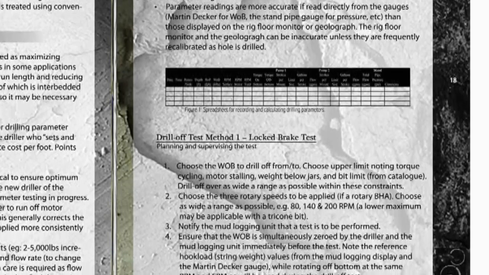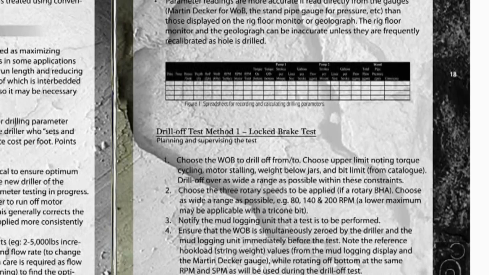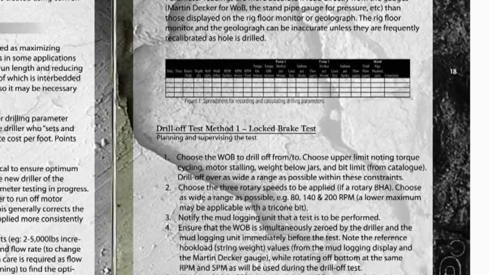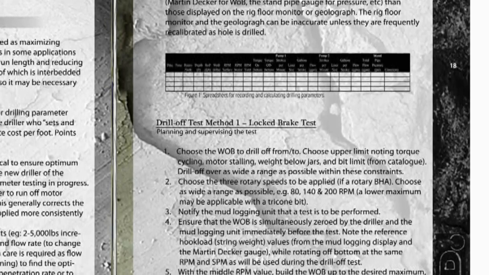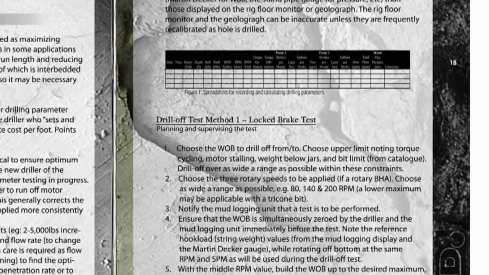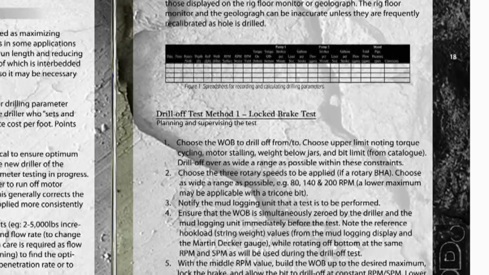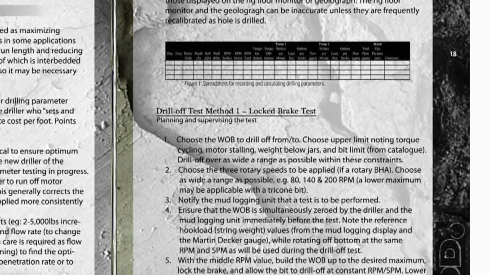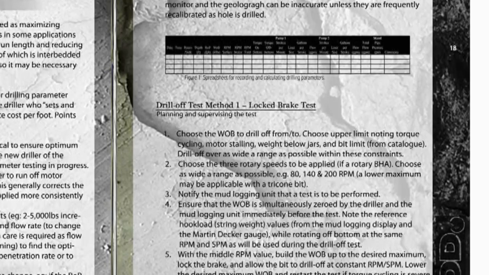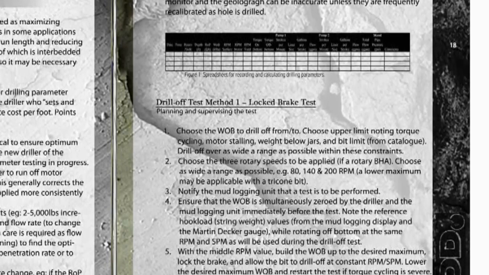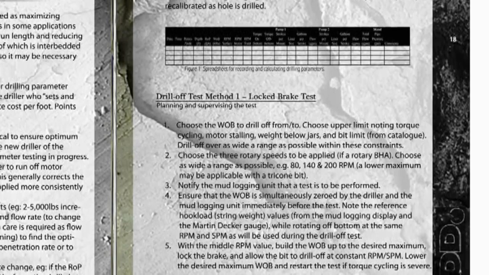3. Notify the mud logging unit that a test is to be performed. 4. Ensure that the WOB is simultaneously zeroed by the driller and the mud logging unit immediately before the test. Note the reference hook load, string weight values from the mud logging display and the Martin Decker gauge while rotating off bottom at the same RPM and SPM as will be used during the drill-off test. 5.